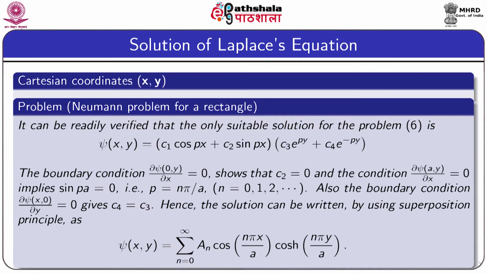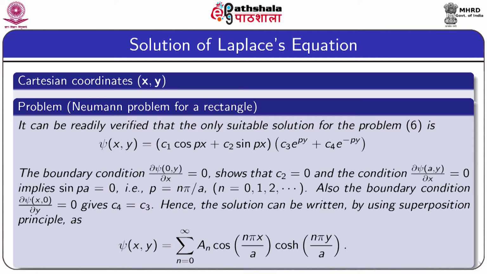Now, I am going to tell about the solution of that problem. We have already seen that solutions 4 and 5 are not acceptable for rectangular boundaries. So, we have to take solution 6, which is given here, psi equals (C1 cos px plus C2 sin px) times (C3 e to the power py plus C4 e to the power minus py).